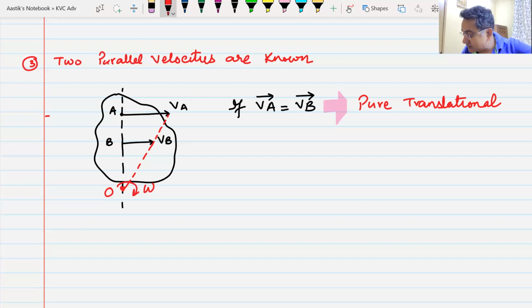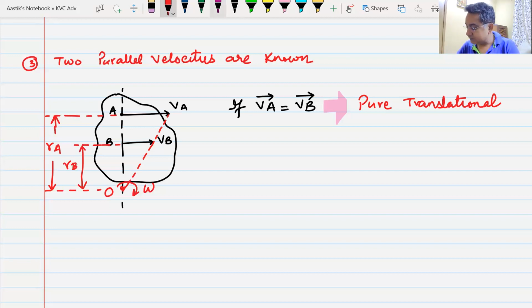If I call this distance of point A, RA, and if I call this distance RB, you can easily say that VA divided by RA magnitude wise will be equal to VB divided by RB, and that would be equal to omega.